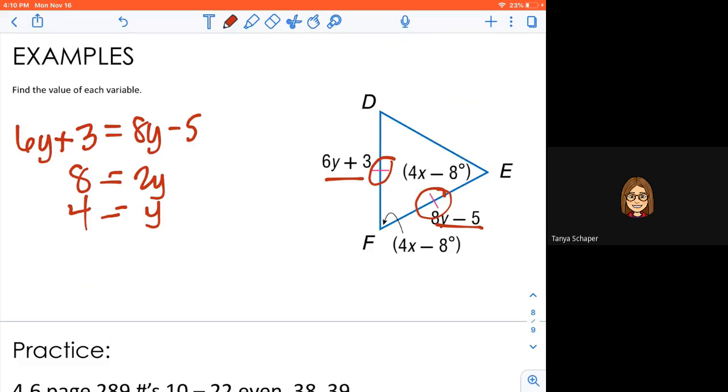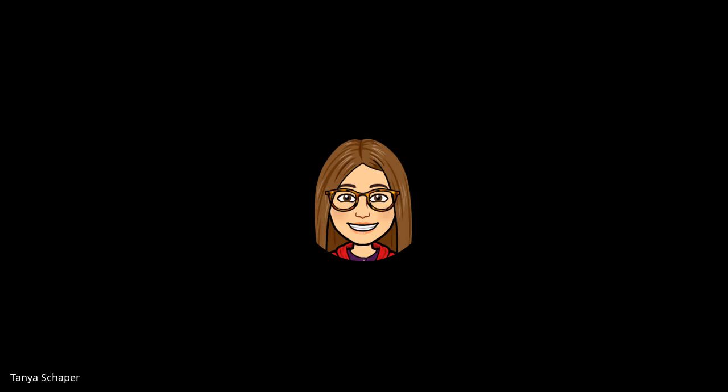Now, when I look at this particular one, when I'm looking at x, because FD and FE are congruent, I can then say that angle D and angle E are congruent because of the isosceles triangle theorem. Okay, so then I know that all three of those angles equal 180.